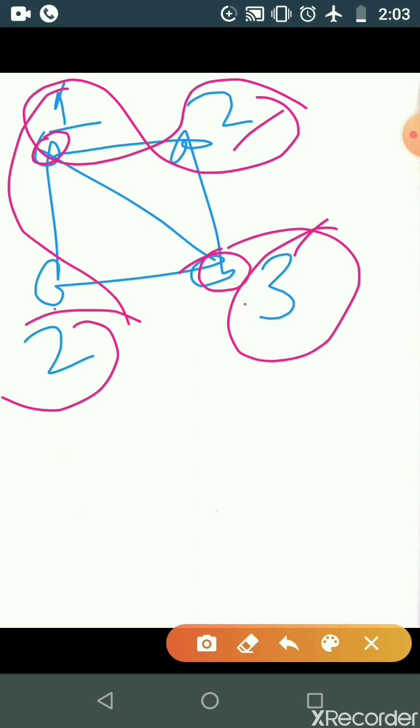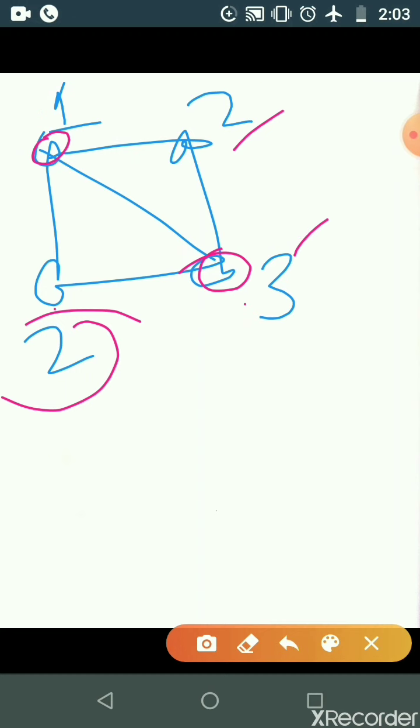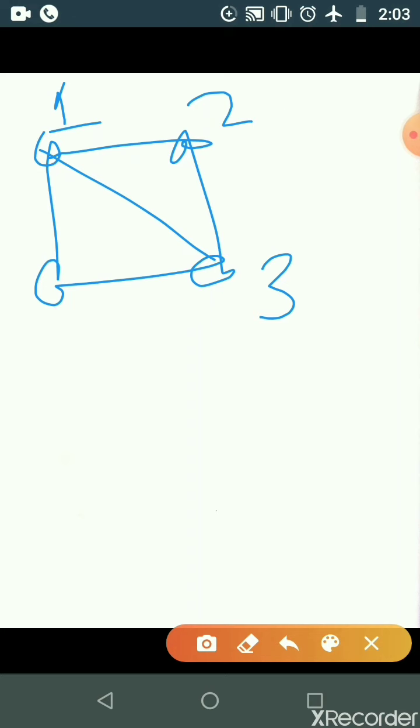Same with this one, same with this one. So out of these three-colorings, every three coloring exists, correct, and out of these we have this coloring. This coloring is proper coloring, where adjacent vertices are having different color.